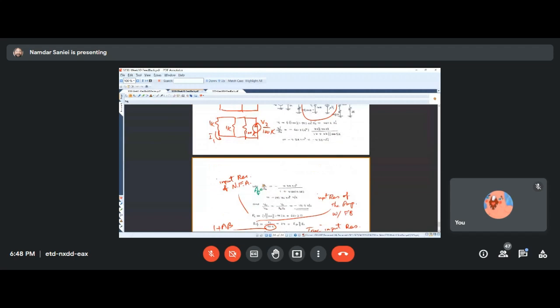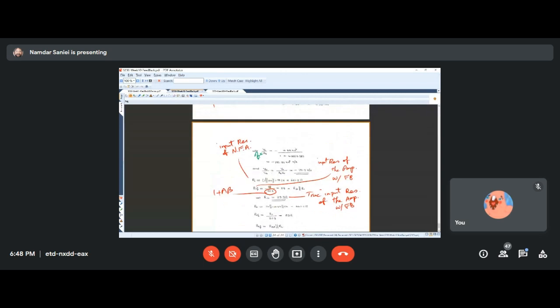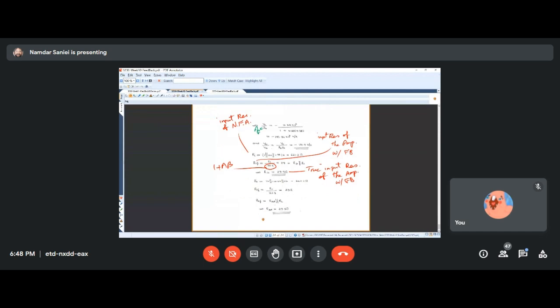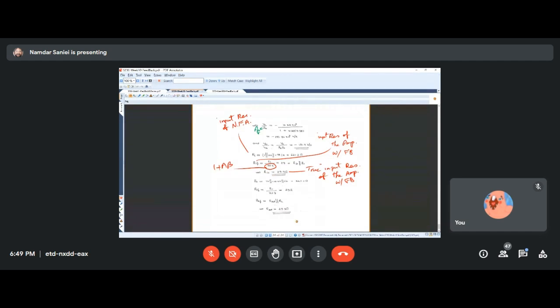Having them, we could find the gain, AF, which is again VO over IS. And we did the rest of the things exactly the same, RI, RO, and in this case we had RL, so we had to take it out to find the true output resistance, as well as the input RS that we took out in order to come up with the true input resistance of the amplifier.